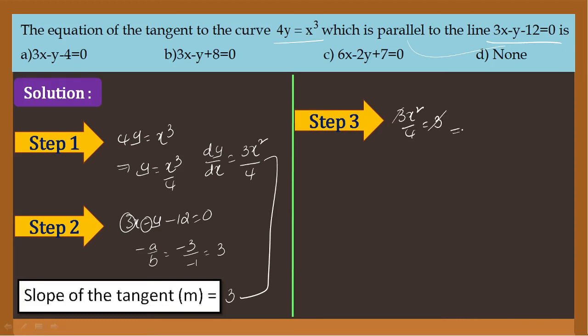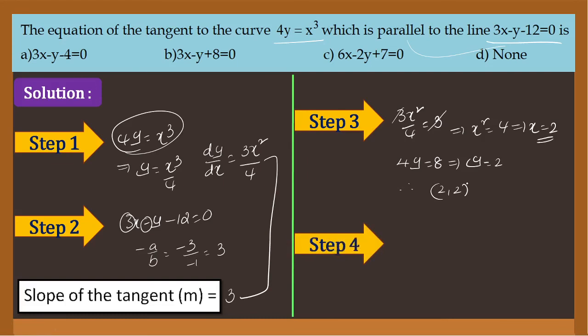Here 3 gets cancelled. x square = 4. This implies x = 2. Now substituting x = 2 in this, we get 4y = 2 cube, 8. This implies y = 2. Therefore, the point of intersection is (2, 2).